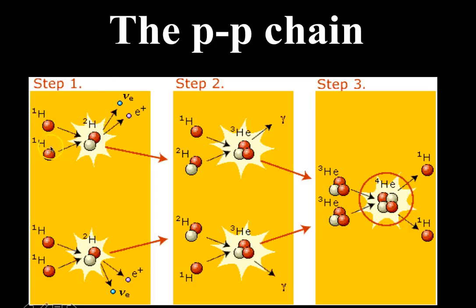So we have two protons that come together. One changes state into a neutron. They stick together, forming deuterium. And because it changes state, we have to maintain charge conservation. And when we do that, we create a positive electron. So a positron gets formed.